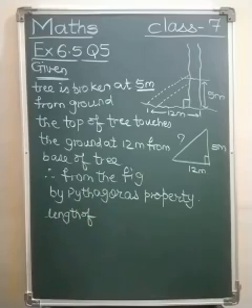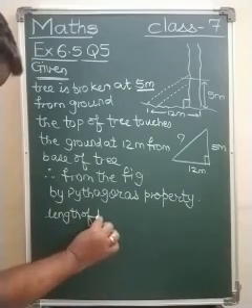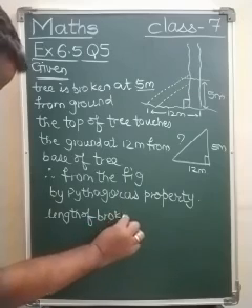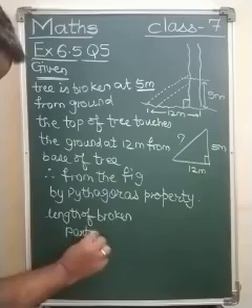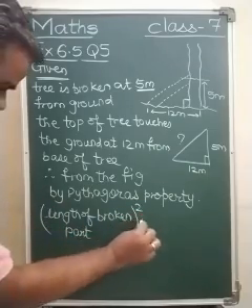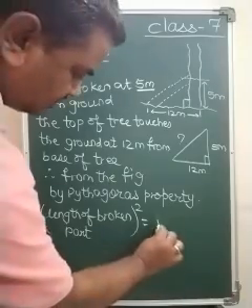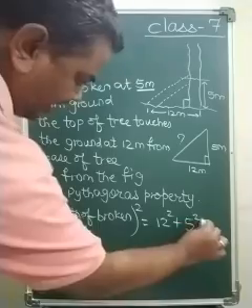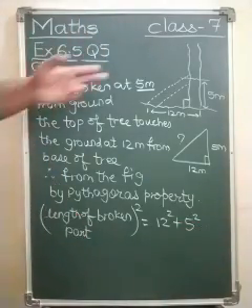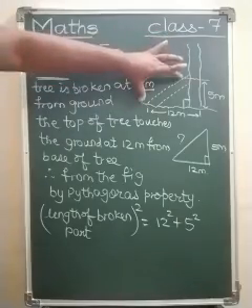Length of broken part square equals 12 square plus 5 square. Since we are applying the Pythagoras property, this is the hypotenuse.